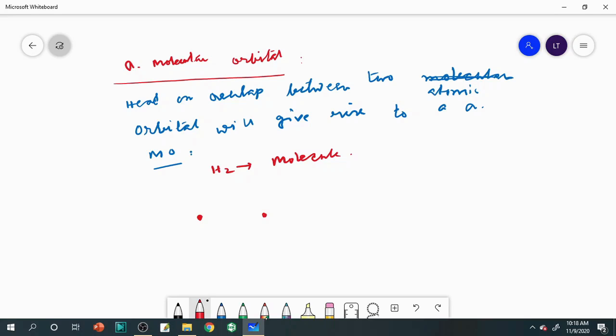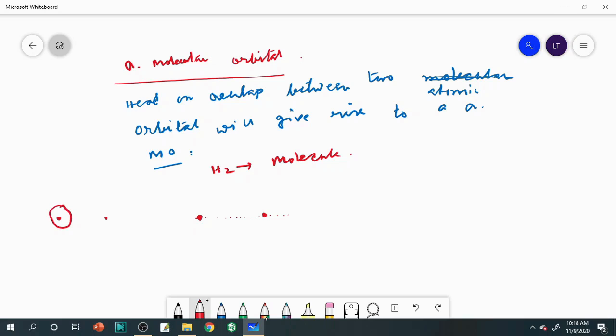So two nuclei, and if we connect them, this will be the internuclear axis or molecular axis of the molecule. Now see how the sigma molecular orbital will be formed from the two atomic orbitals of the hydrogen atoms. Again here is one nucleus, here is another nucleus.